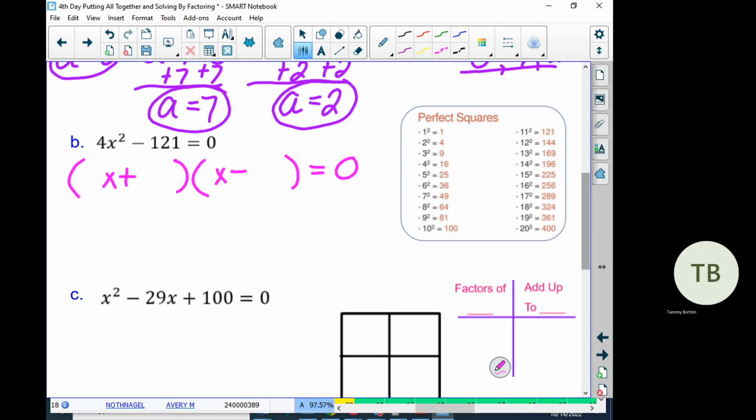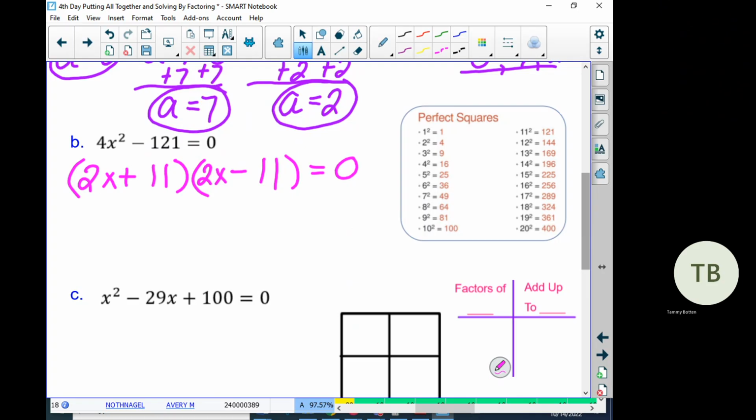So I think, what's the square root of 4? And that's 2 and 2. And then for 121, you have this right there on the back of your cheat sheet. You think, what squared gives me 121? It's right here. 11 squared does. So I put an 11 here and an 11 there.